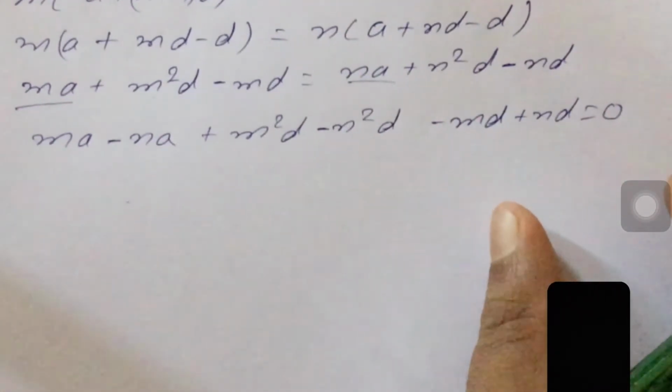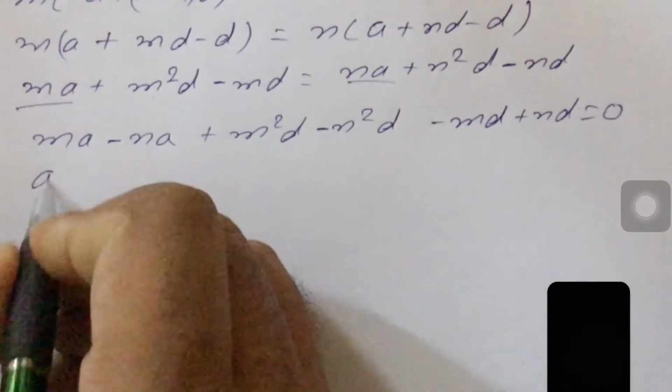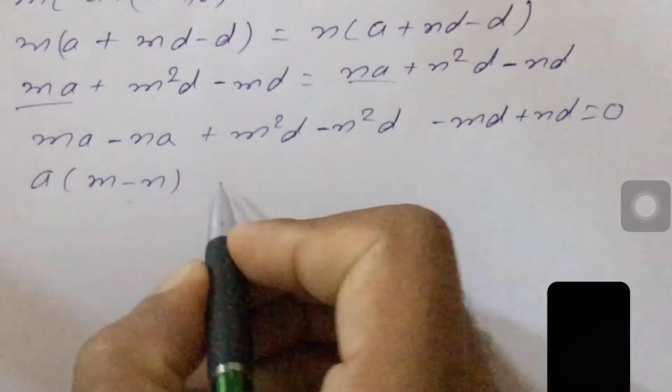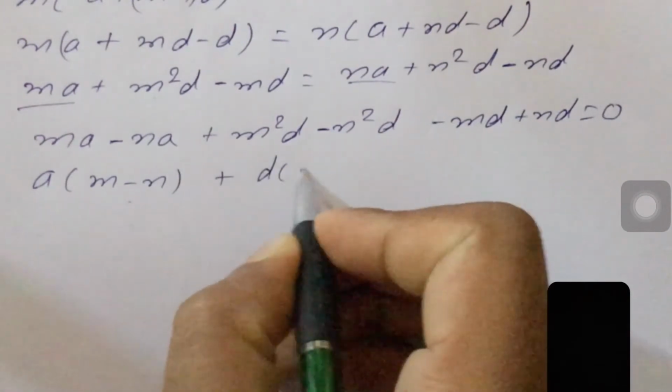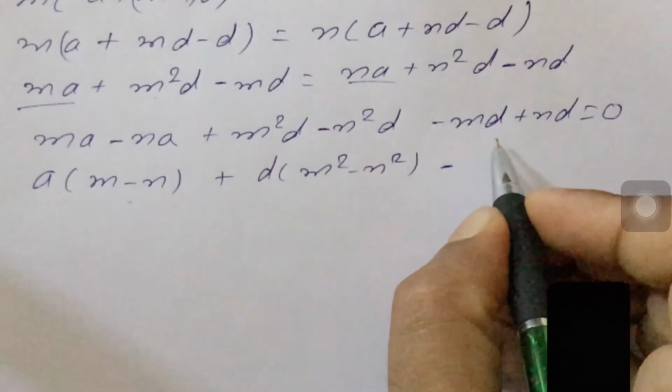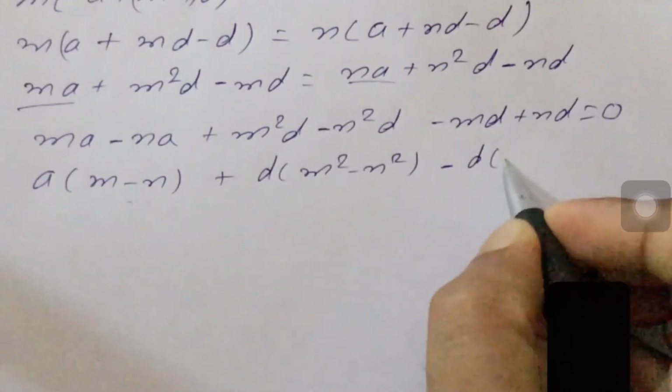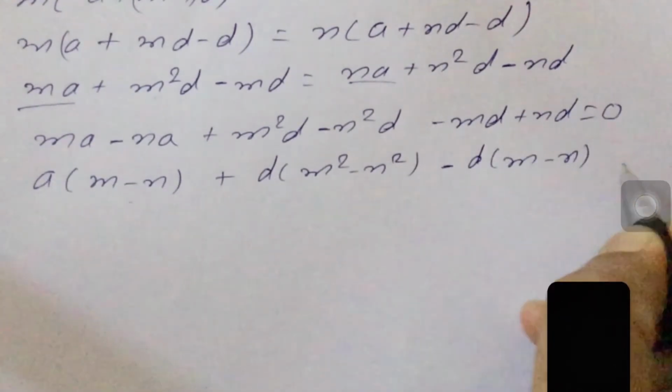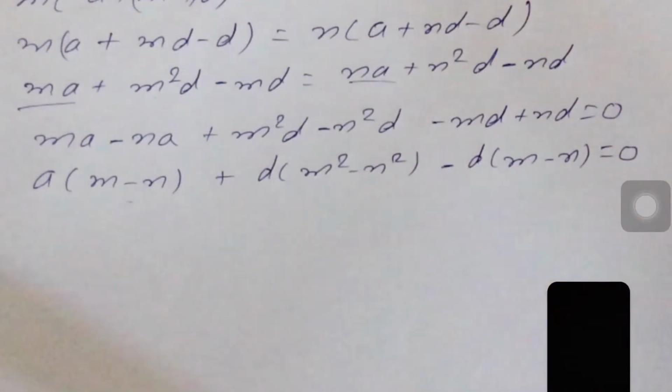Just we bring all the same variable terms at one place. Take a out, m minus n. Take d out, m squared minus n squared. Take d out again, m minus n is equal to 0.